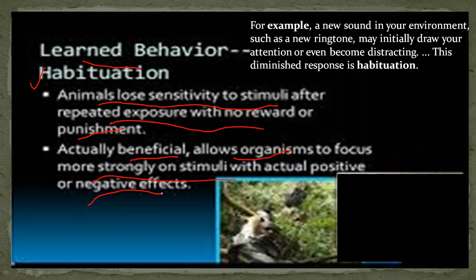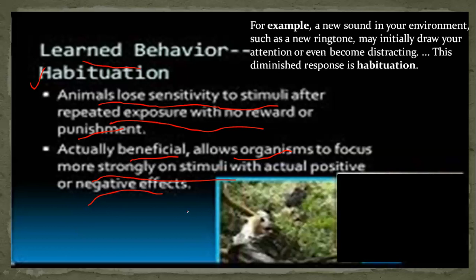So in habituation, what's going on, the animal learns to ignore a repeated or irrelevant stimulus, and these animals have learned by repeated harmless encounters that humans are no more dangerous to them and behave accordingly. We will see in the example also, that it is not only in humans but also common in animals.